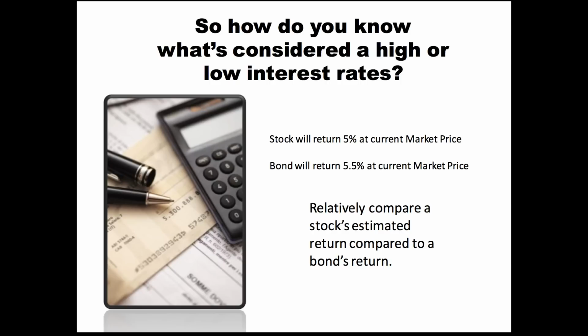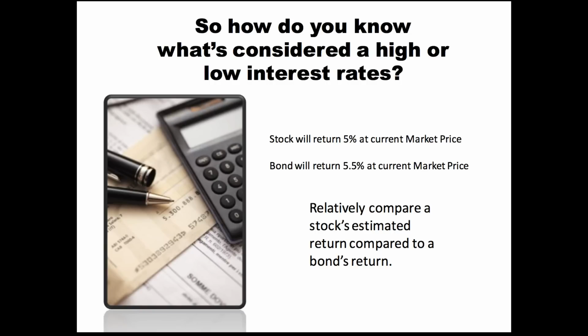So let's assume that based off of the market price, we're in a greed cycle. The stocks are trading really high, and so the best return that you could expect to get with the stock is maybe 5% based off of the high market price. But then when you look at a bond, let's assume that the bond is at 5.5% because of the market. So in this scenario, a bond has less risk, generally speaking, than a stock.